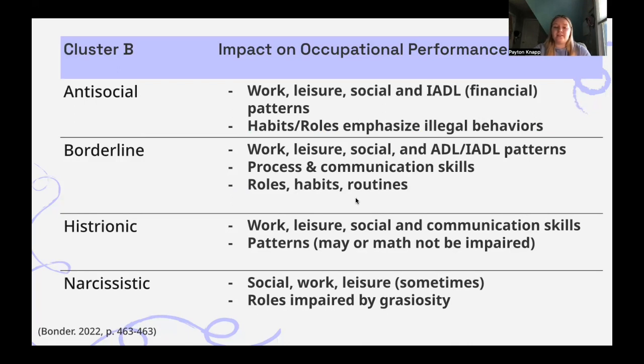Processing communication skills and roles, habits, and routines will also be negatively impacted. For histrionic, work, leisure, social, and communication skills, again, and patterns may or may not be impaired. For narcissistic, social, work, and possibly sometimes leisure will be negatively impacted. And then roles are impaired by their grandiosity.